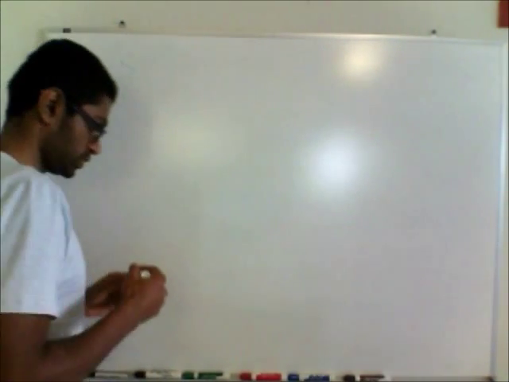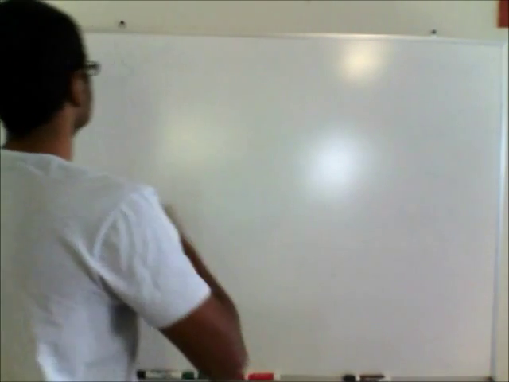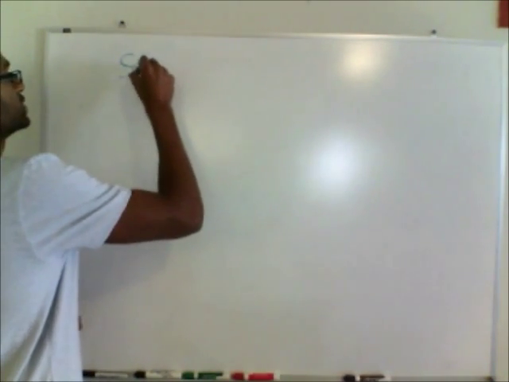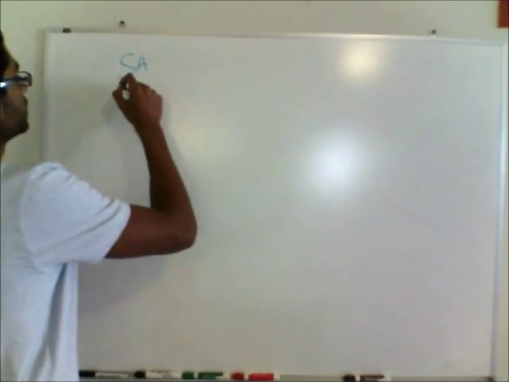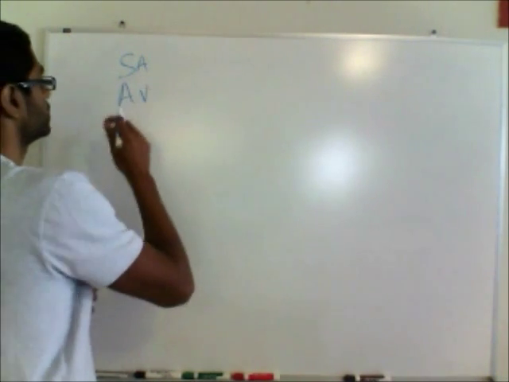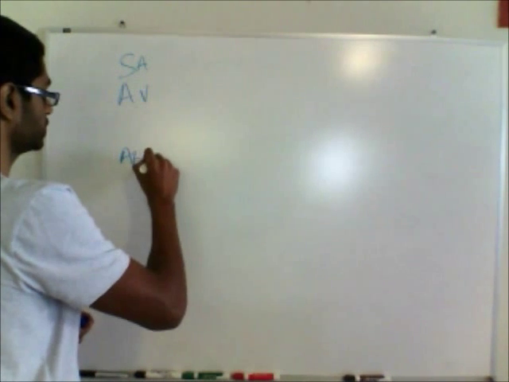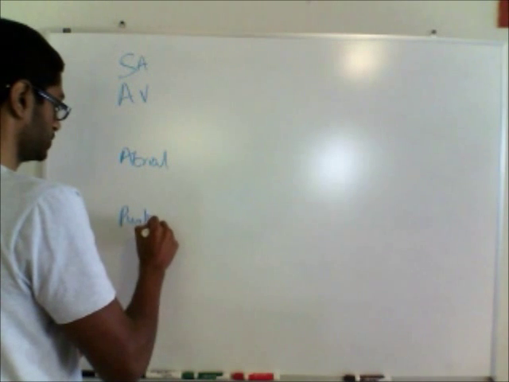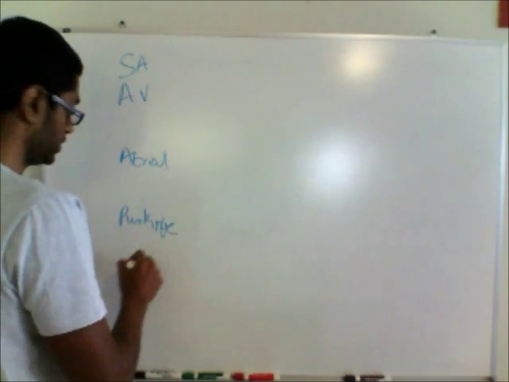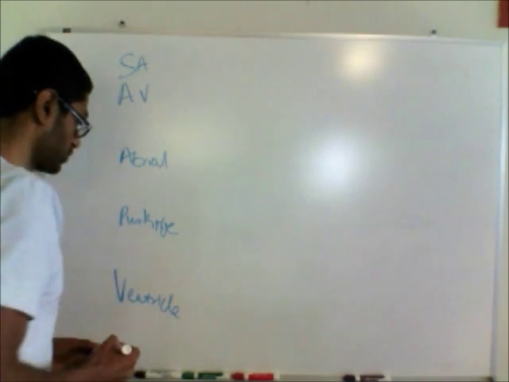All right, so first, let's start with SA, then we shall look at AV, look at an atrial cell, we'll look at Purkinje cell, and then we'll look finally at the ventricle.